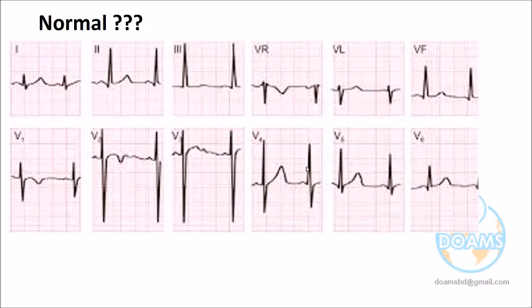If you compare V1 and V5, you see in V5 the R is bigger and the S is smaller, whereas in V1 the R is relatively smaller than the S. This is the reciprocity. When electricity is going one way, the opposite lead receives it and gives the signal of negativity in the ECG. So try to remember this.